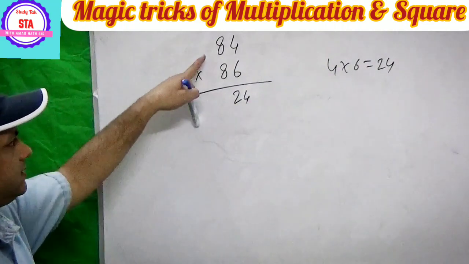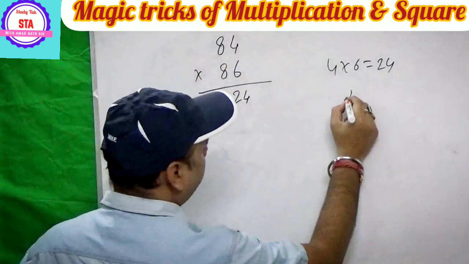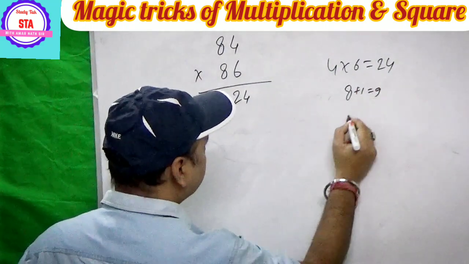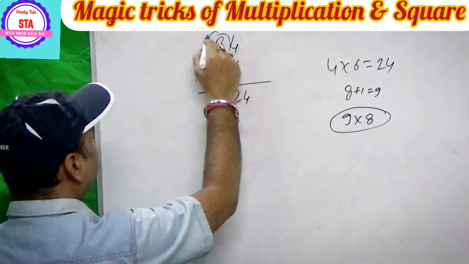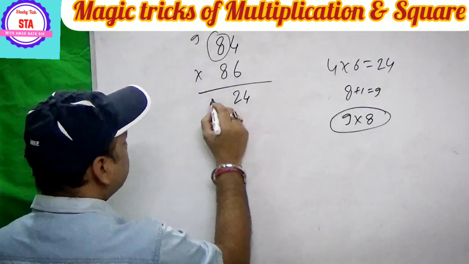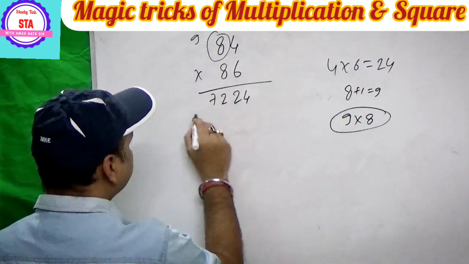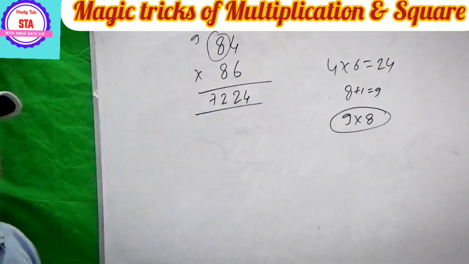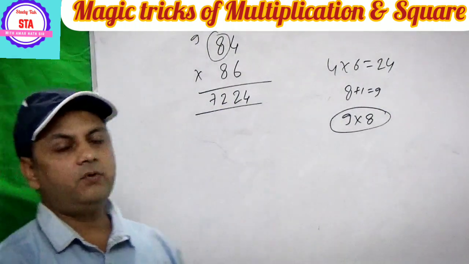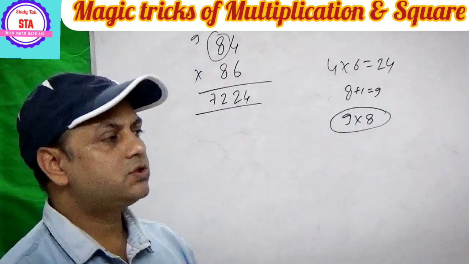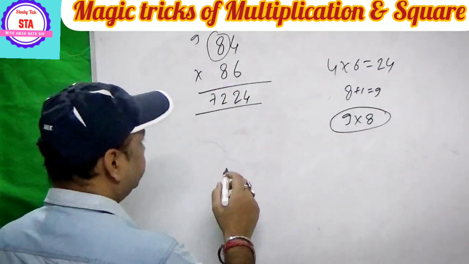Again, increase 1 in 8. 8 plus 1, that is 9. So 9 into 8, multiply. That is 72. So 7224. When you multiply 84 into 86, that is 7224.